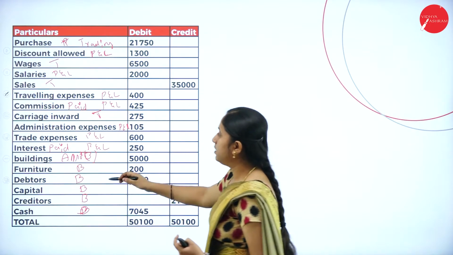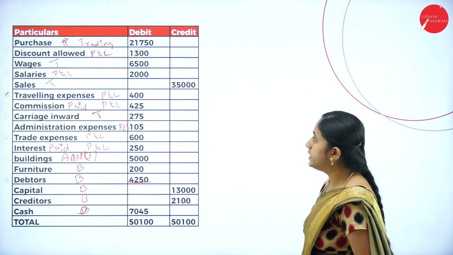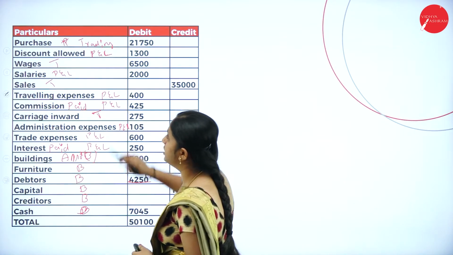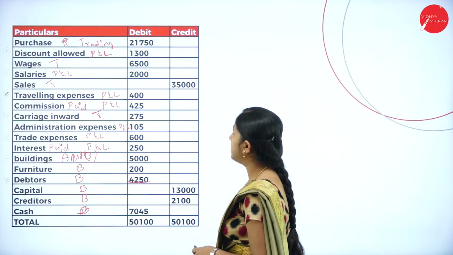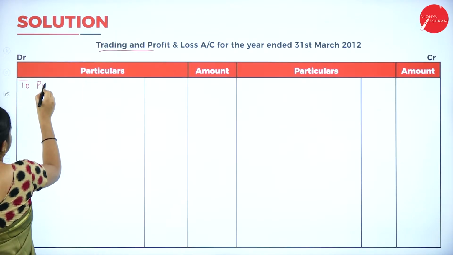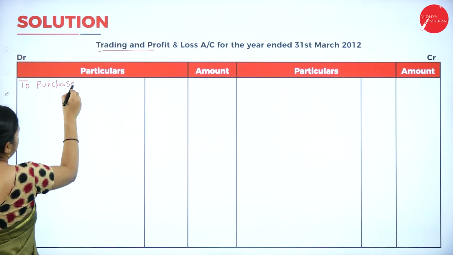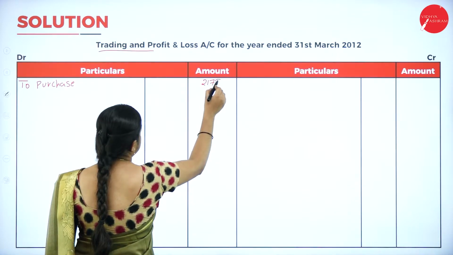First identify opening stock. In this problem, we don't have opening stock, so just leave it and start with purchase. To purchase 21,750.